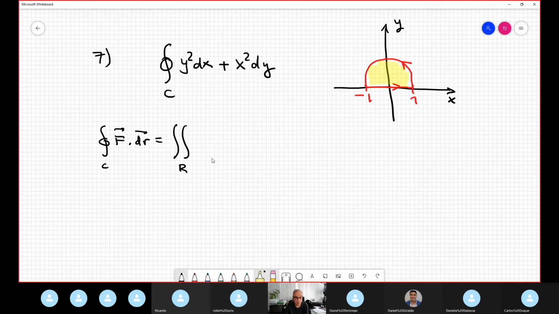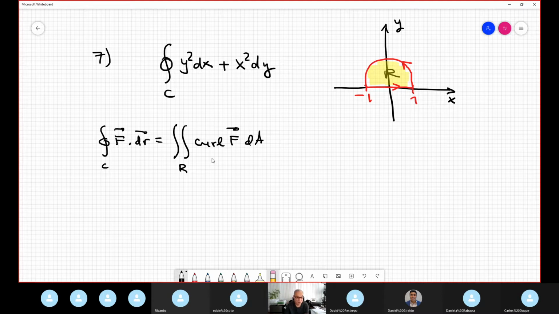This is the region R. Then the integrand function is the curl of the vector field, with dA, which normally is dx dy or dy dx, or in polar. I suppose we end up in polar because it's a circle, a semicircle at least. Then we compute the curl first.